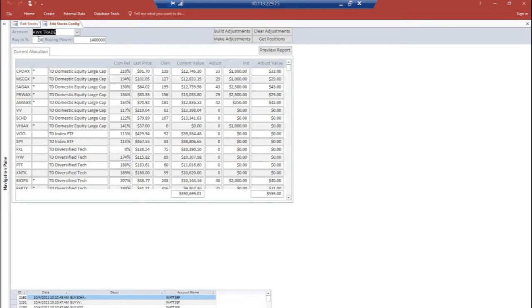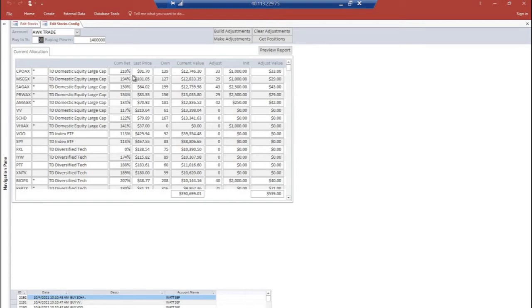I do this once a month. I'll come in and I'll say, okay, this month I want to roll in 5%, or maybe the market goes down a lot and I want to come in and roll in a little money, or maybe they want some cash, so I need to adjust their percentage back.